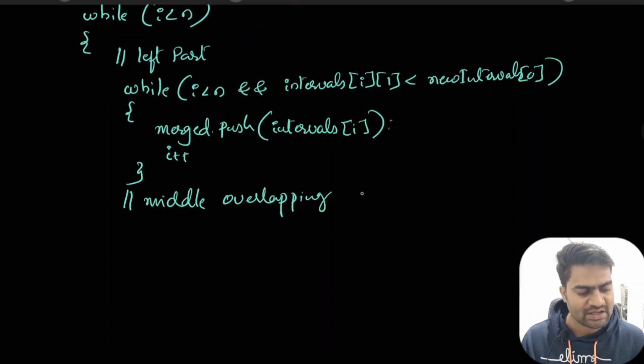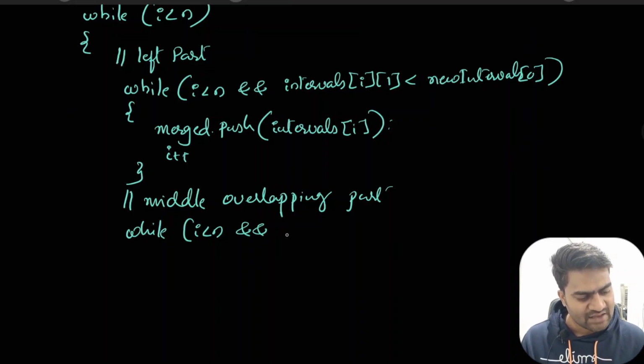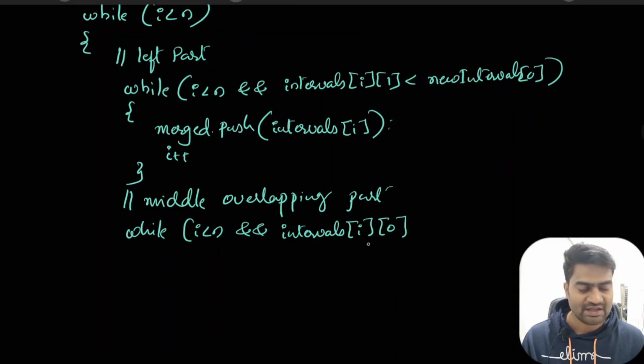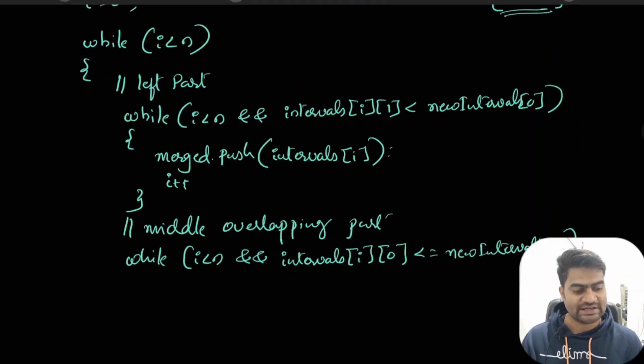Again, while i is less than n, this is the basic condition which we need to check. Okay, then I will check intervals of i of 0 is less than new interval of 1.